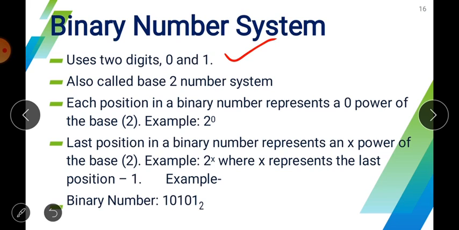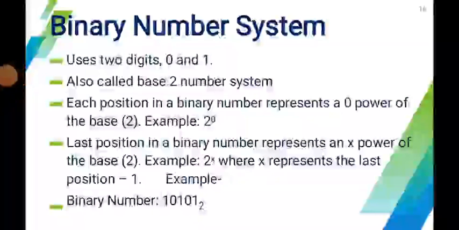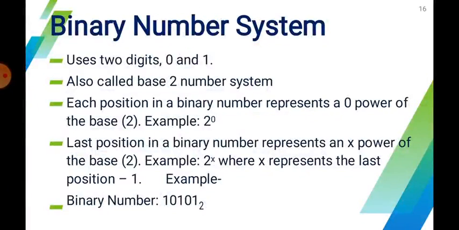Second, you can say that when there is a 0 there is a false statement, and when there is a 1 there is a true statement. When using the decimal number system, it is not convenient to implement it in a computer system.